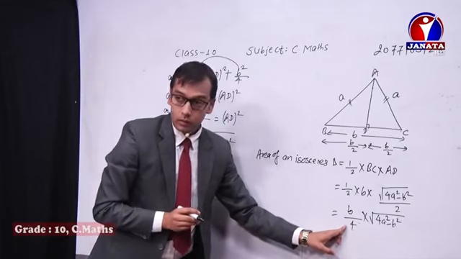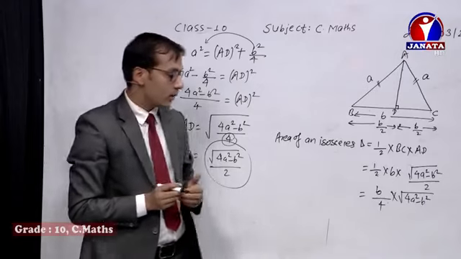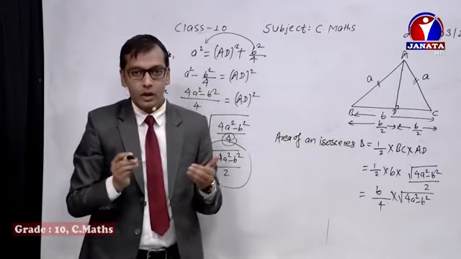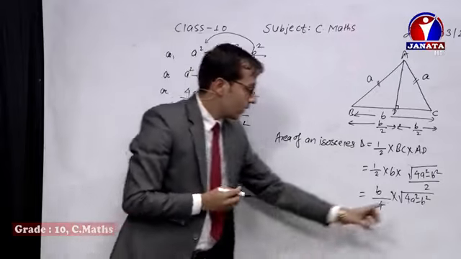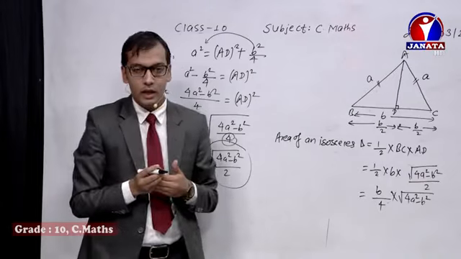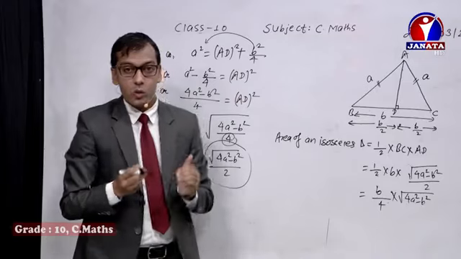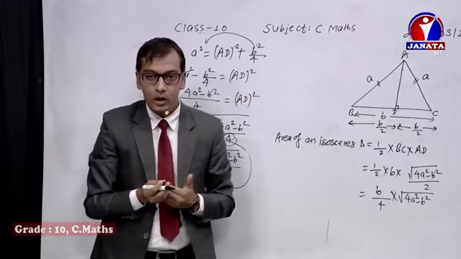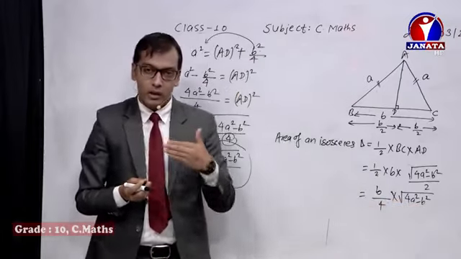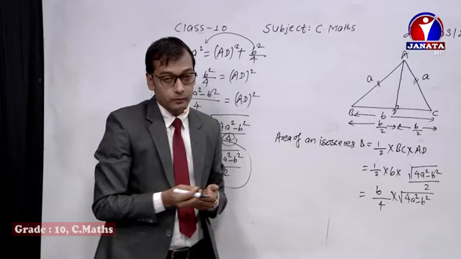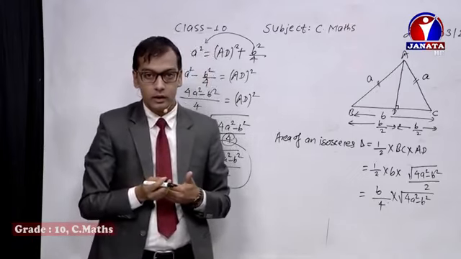B over 4 times square root of 4a square minus b square gives the area of an isosceles triangle. So if we know A and B, what are A and B? A is the length of each of the equal sides of an isosceles triangle, and B is the third or remaining side, which we also say is the base. So knowing these two values A and B, we can find its area.